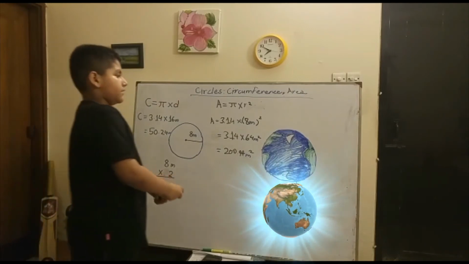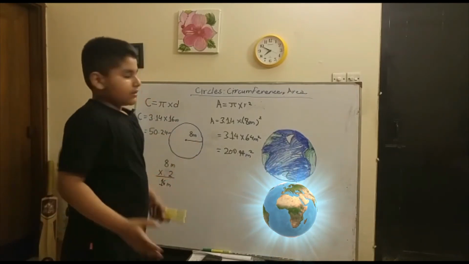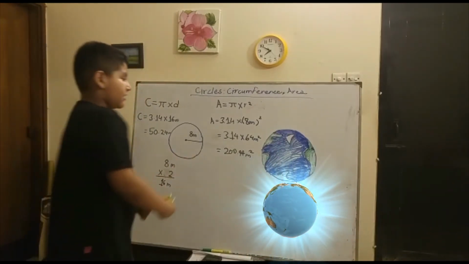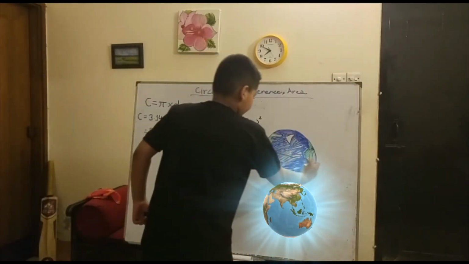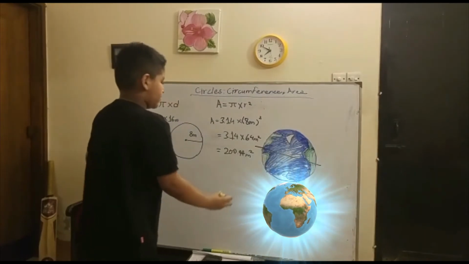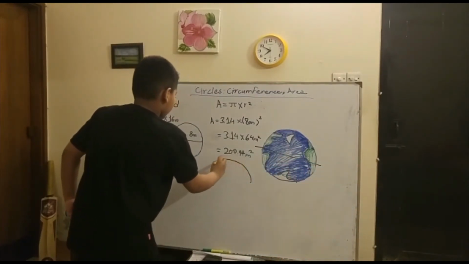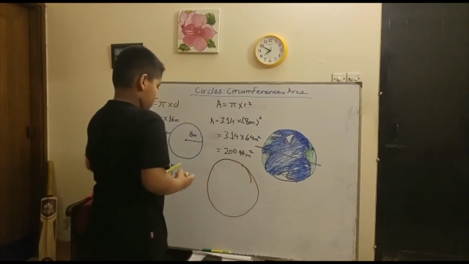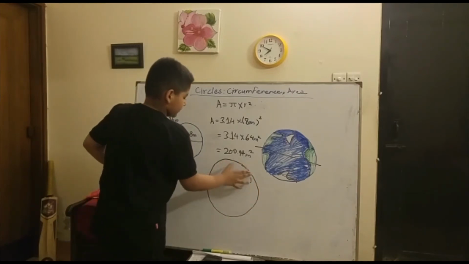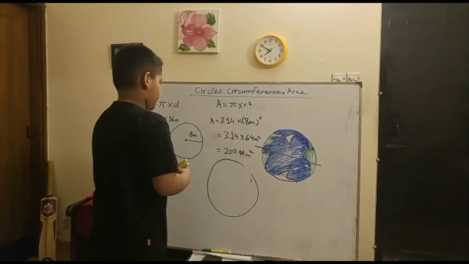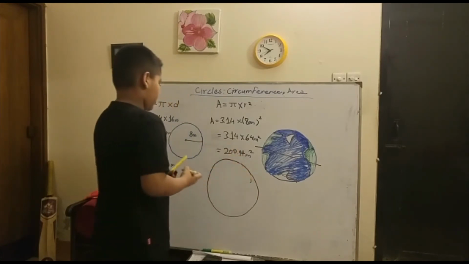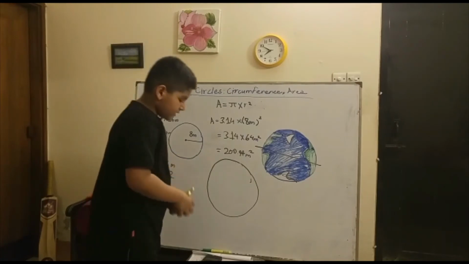Now we can use a real life example. Let's take the world and cut it straight through the equator and make a circle. I know this doesn't look completely like a perfect circle, but you don't need to draw that perfectly on a board.